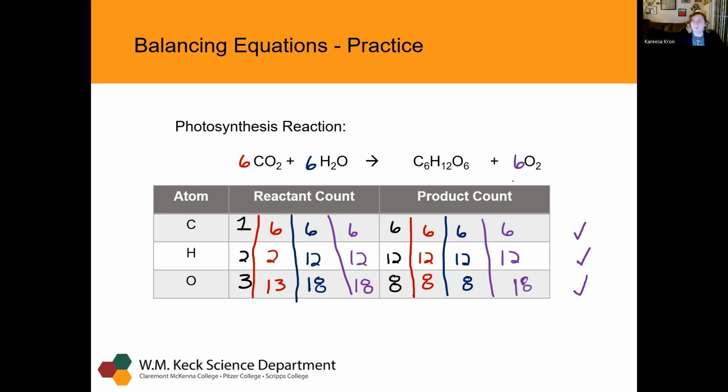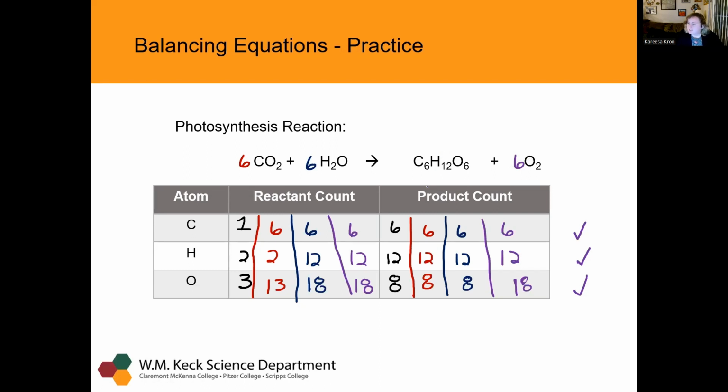I only have full molecules, and I can't divide this reaction by anything. So it seems like I've correctly balanced this chemical equation, which helps us predict that if I want a plant to do photosynthesis, I need to give it at least 6 carbon dioxides and 6 waters, and it will produce for me 1 glucose and 6 oxygen molecules.